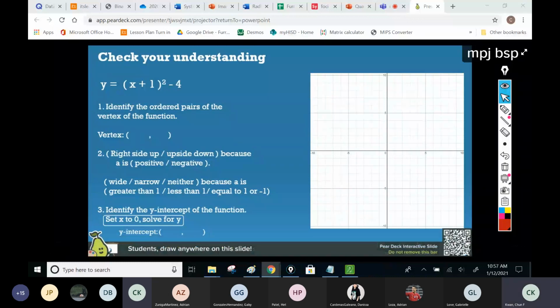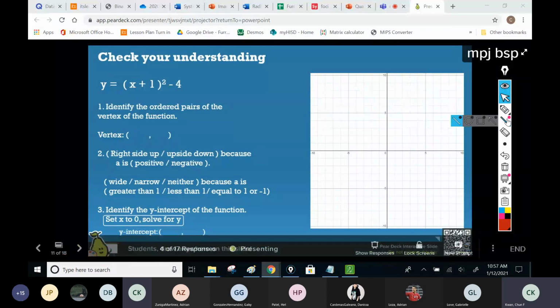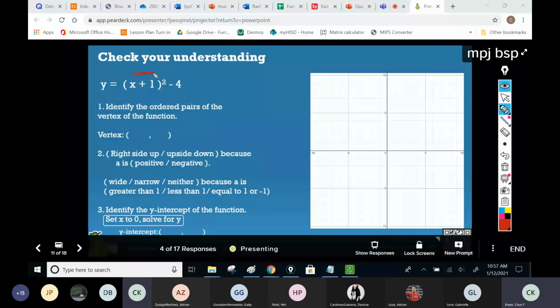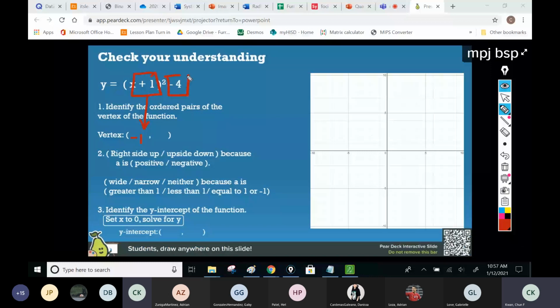Only the H is opposite, guys. So that means this is -1. The K, you don't have to change it. It's going to stay the same. So we are looking at -1 and -4.